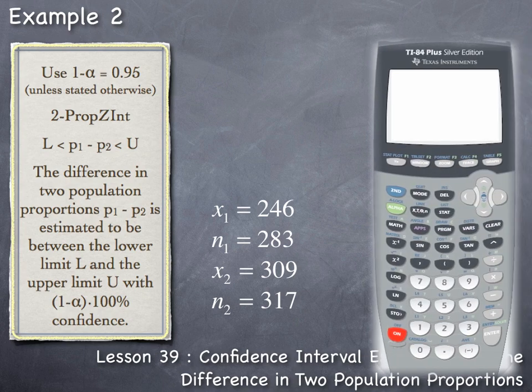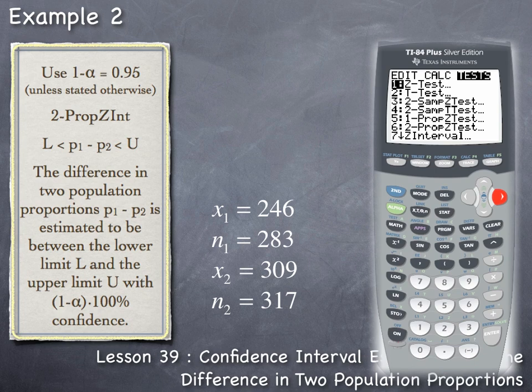So on the TI-84 calculator, we would press Stat to do statistics, arrow over to Tests, the menu where we do all our confidence interval and hypothesis test commands, and arrow down until the cursor is next to 2-PropZInt.